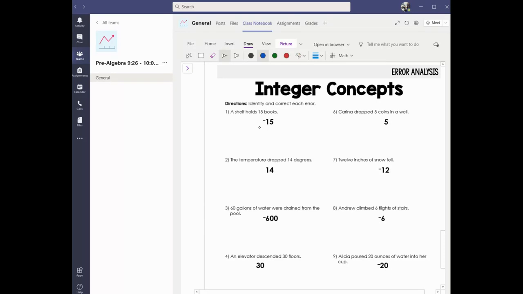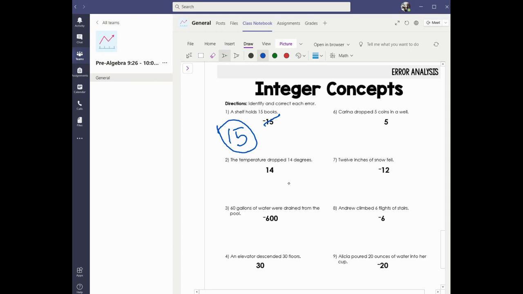If a shelf holds 15 books, that's positive 15 books, not negative. And that would be the correct answer. Now, I wrote that way too big, so I'm going to try to fix it a little bit. Okay, wrong answer, right answer.